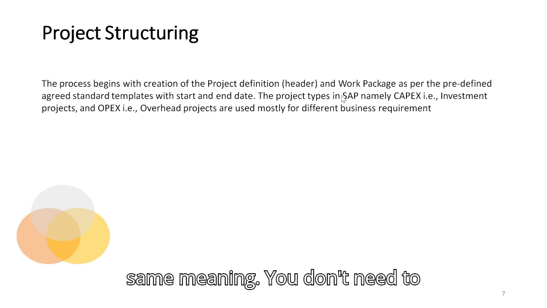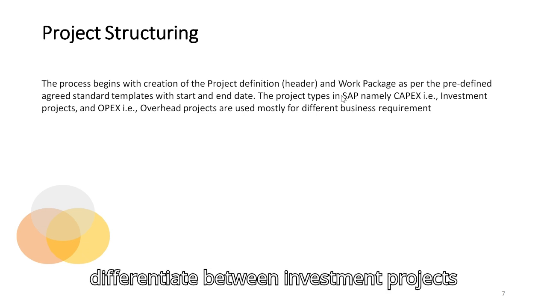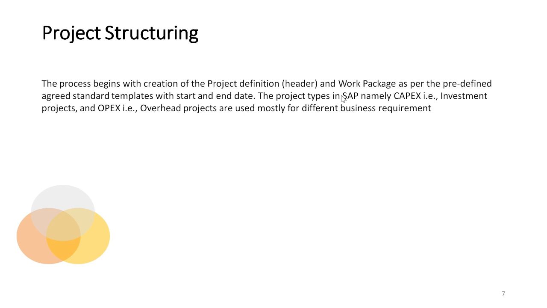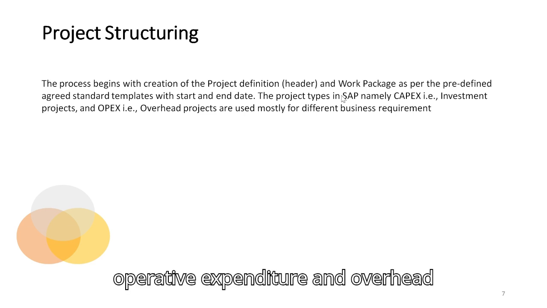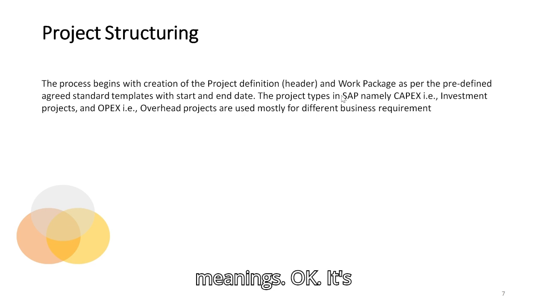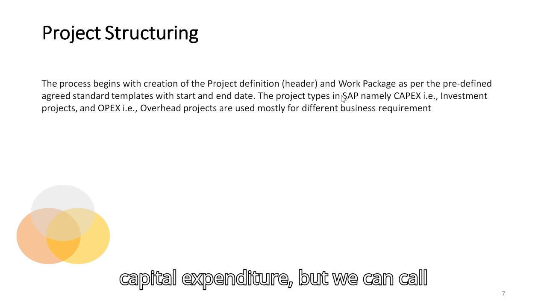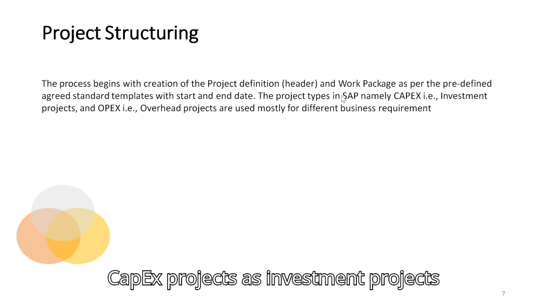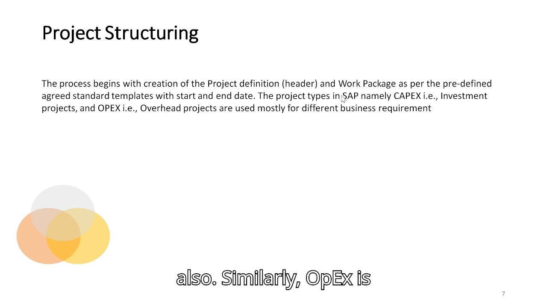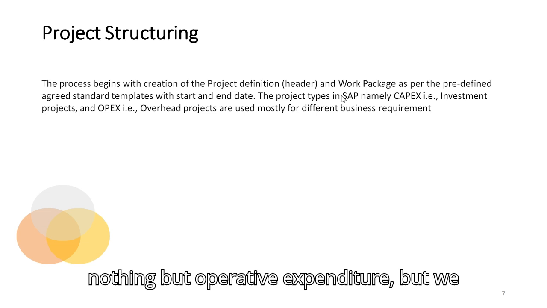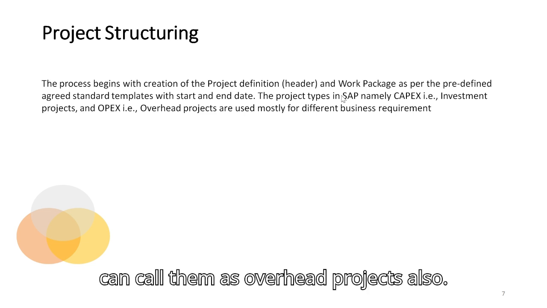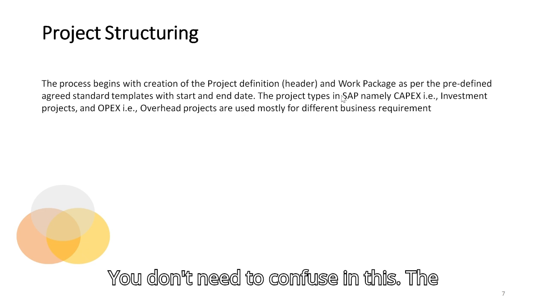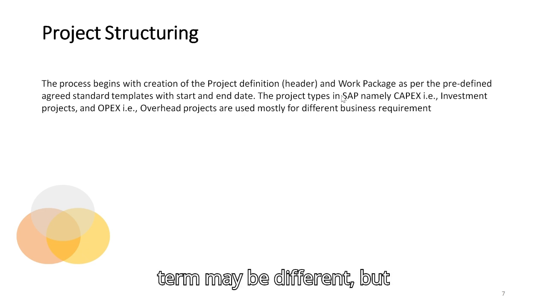You don't need to differentiate between them. CAPEX is the expansion of capital expenditure, but we can call CAPEX projects investment projects also. Similarly, OPEX is nothing but operative expenditure, but we can call them overhead projects also. You don't need to get confused in this. The terming may be different, but the meaning is the same.